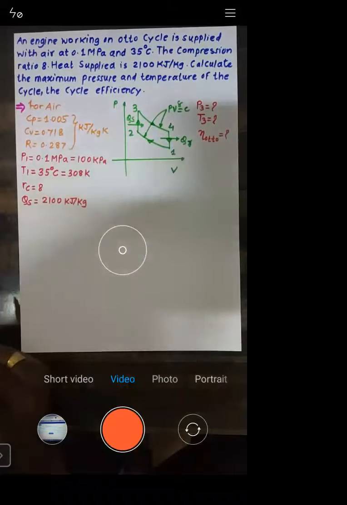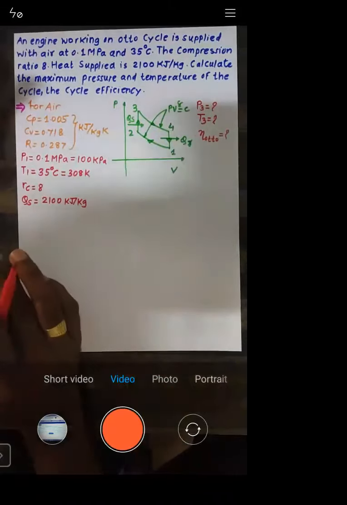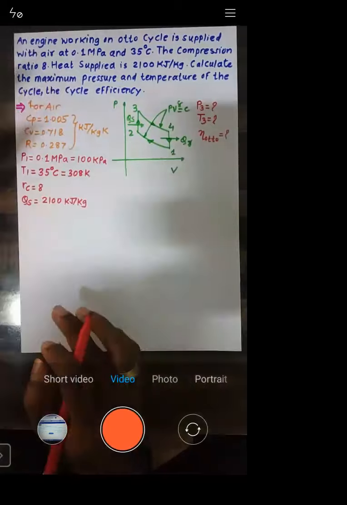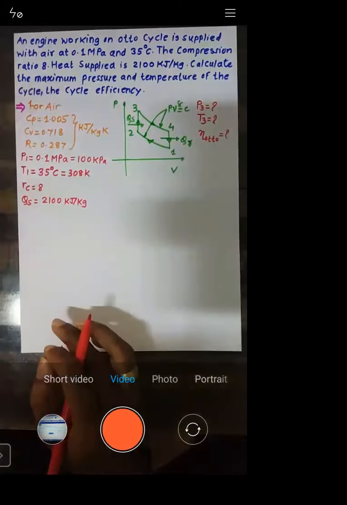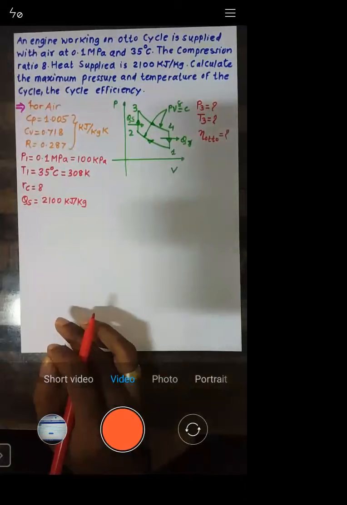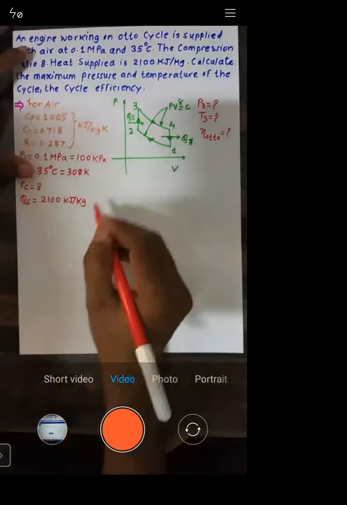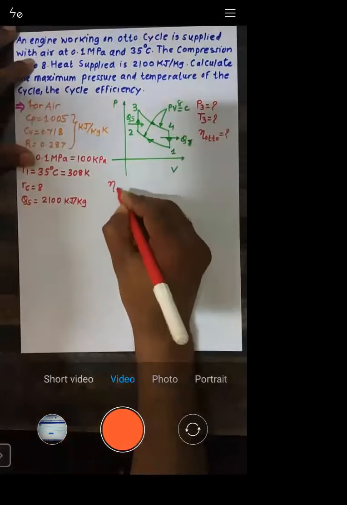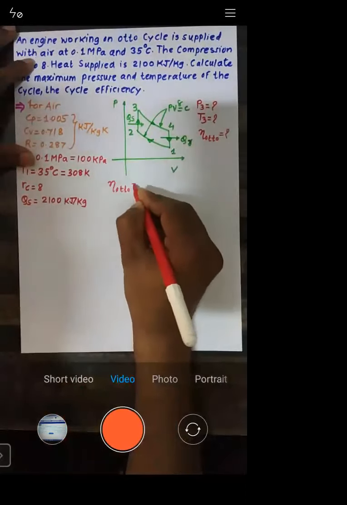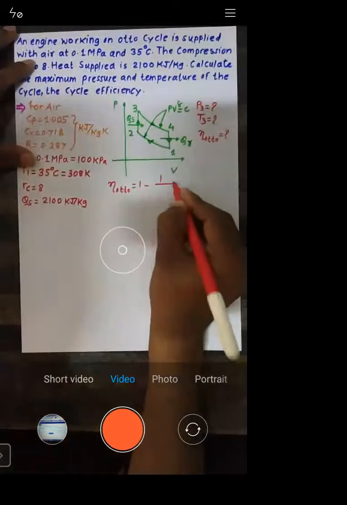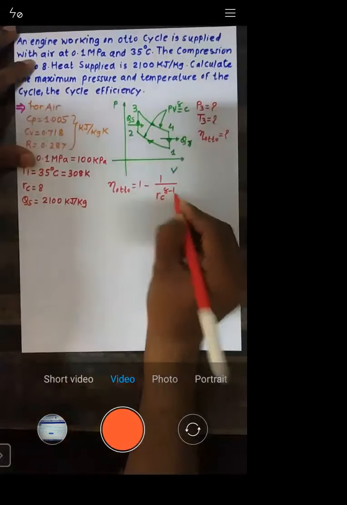If you need to calculate the efficiency of the cycle, you know the efficiency of the Otto cycle. How to calculate it? Simple. Efficiency of the Otto cycle is given by 1 minus 1 upon Rc raised to power gamma minus 1.